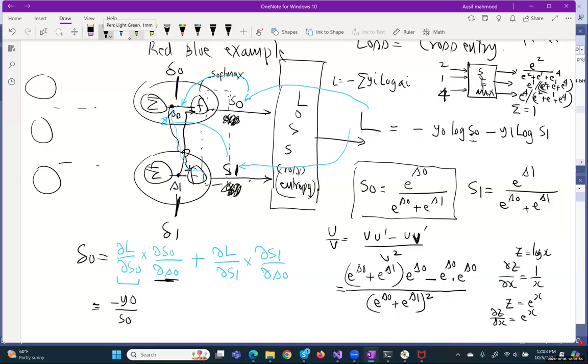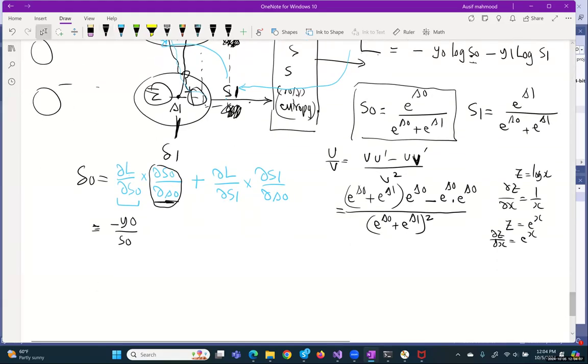So that is partial S0 over. Okay, let's simplify it a little bit. I can write this as, see, one of these will cancel with the square, right?